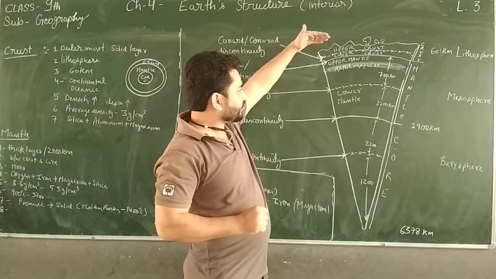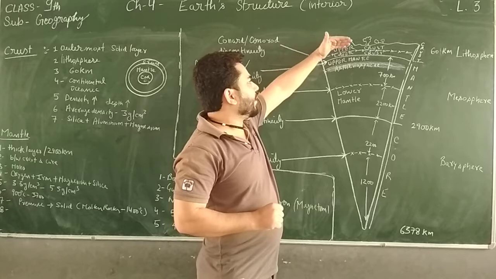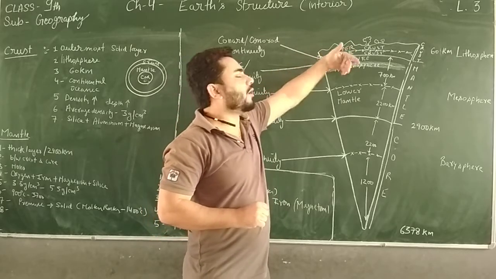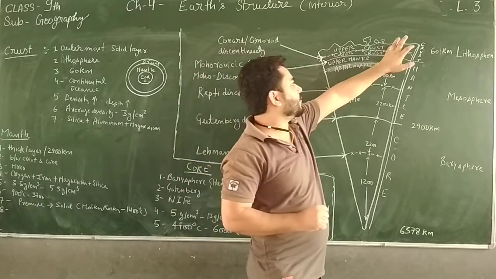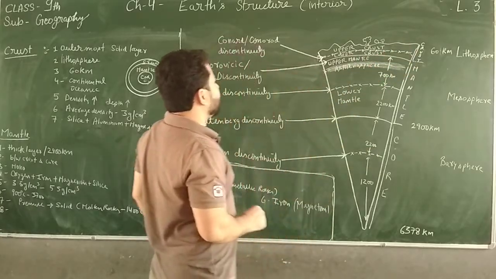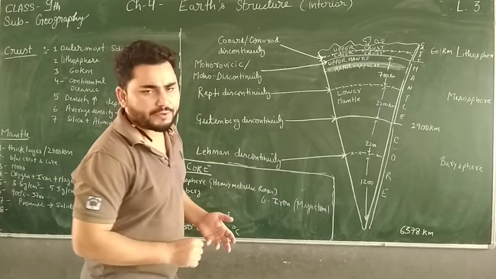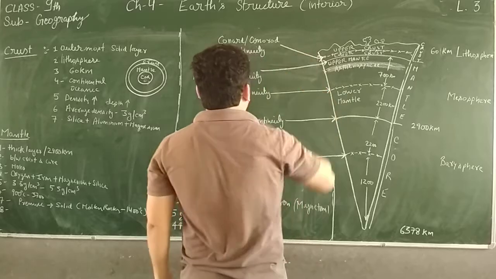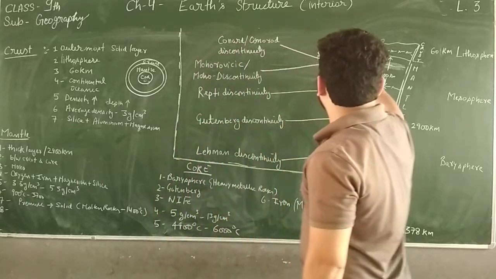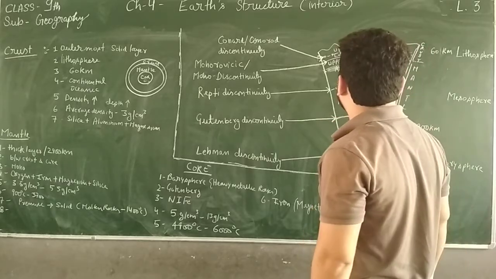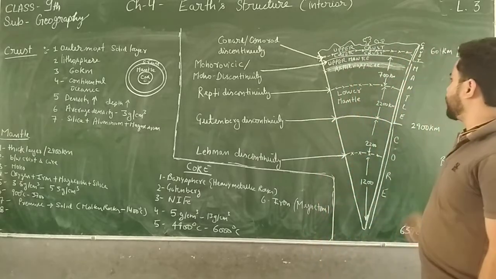Here the continuity of properties is ceasing. The properties are changing from here to here, right? So the region where properties are changing is called discontinuity layer. It was discovered by Conrad or Conrod, so it is called Conrad discontinuity between the upper crust and the lower crust.